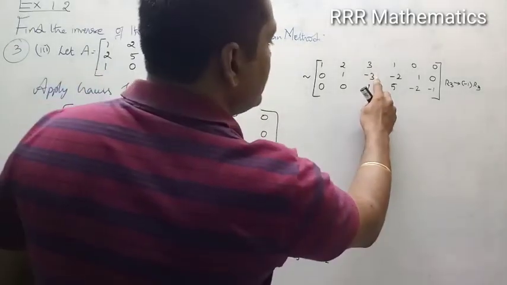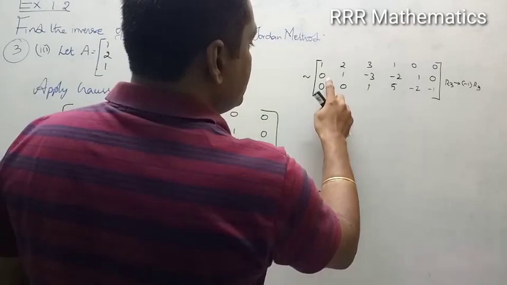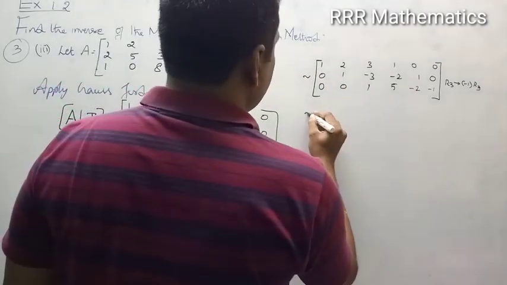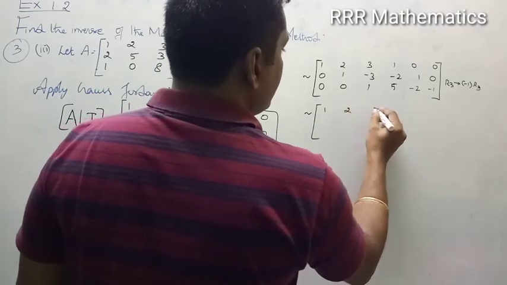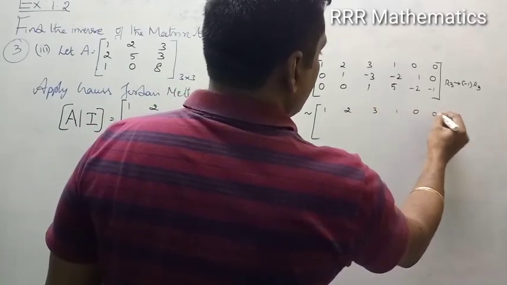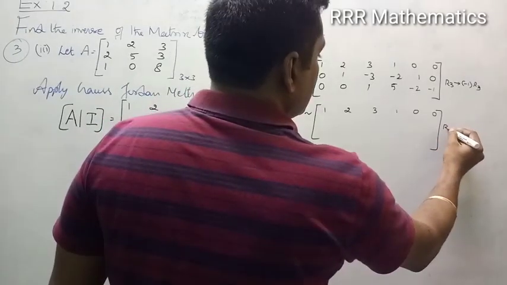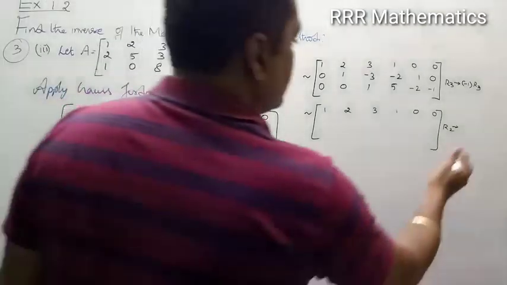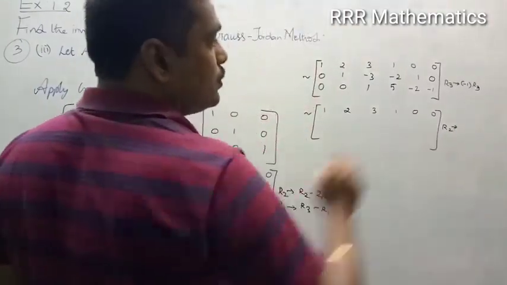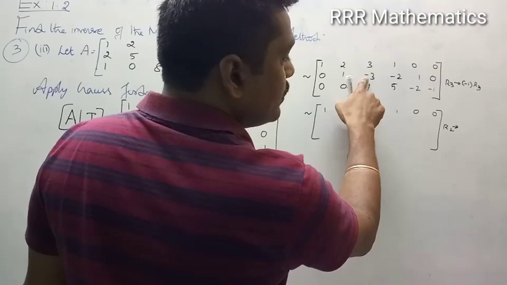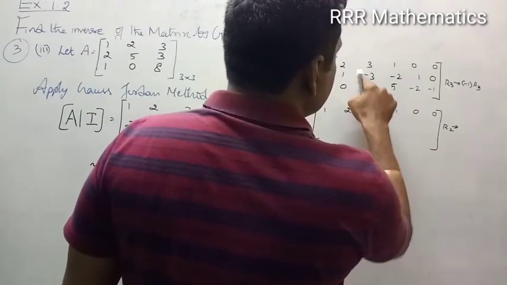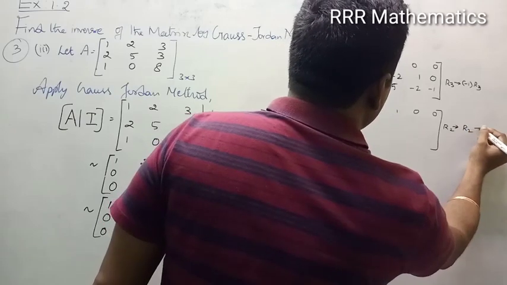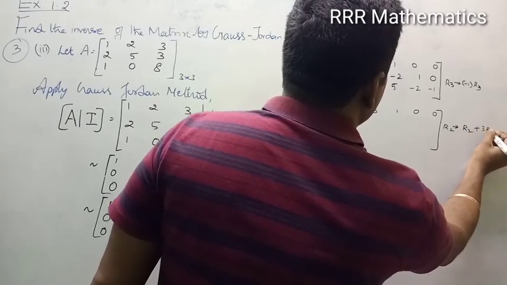Now I need 0 here, without disturbing this 1, 0, 0, 0, 1. Very simple. Leave the first row. R2: I need 0 here, so opposite sign, you want to use this one. R2 plus 3 times R3.